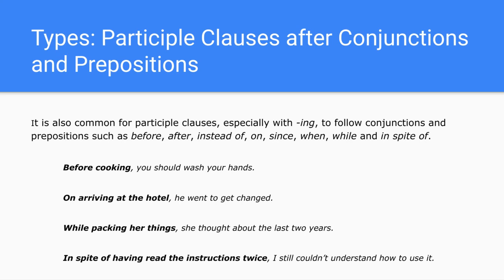And again, I'm pointing your attention towards the fact that we're going through several different tenses which are all decided by the verb in the main clause and not in the participle clause.